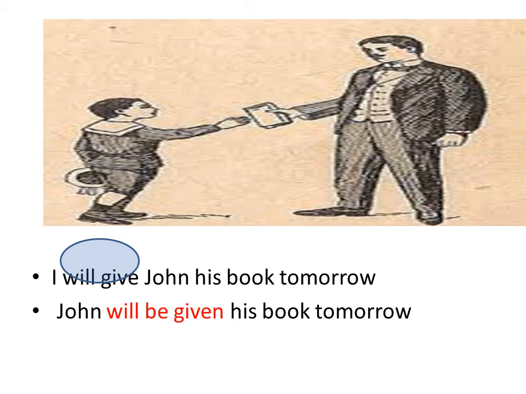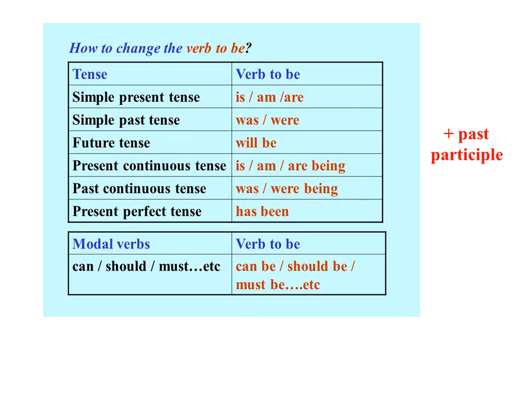Here I have the same form as in the previous example with the modal verb. Modal verb plus be plus past participle. Will plus be plus past participle. Same thing. So John is my object, okay, and will plus be plus past participle is the future form in the passive voice.